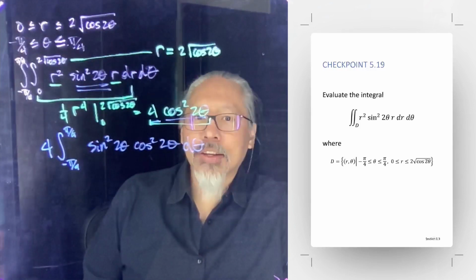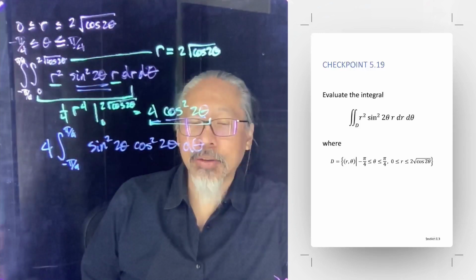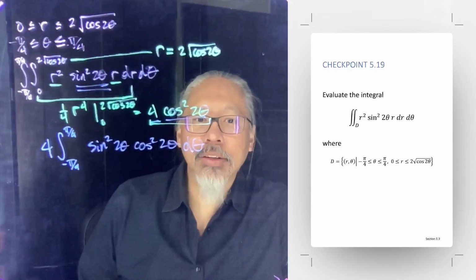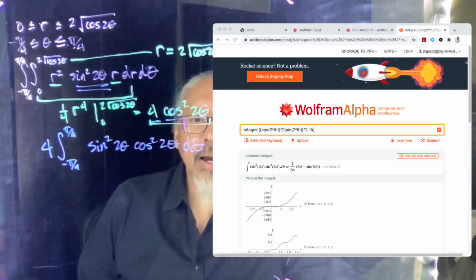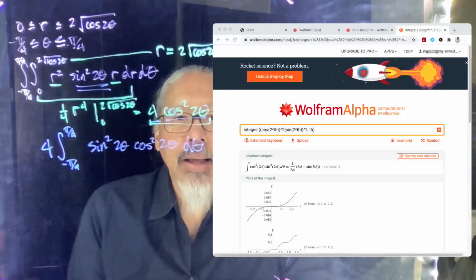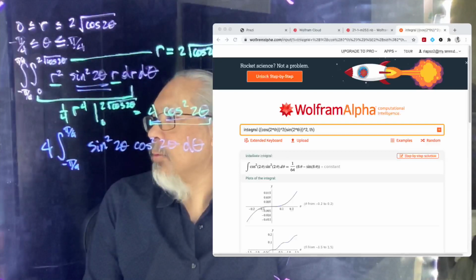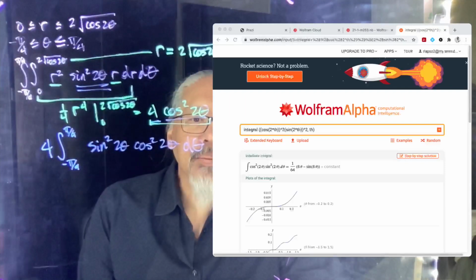But just to save time, let us take a look at the Wolfram version of doing this integral. I'm going to share the screen that has this. So this is what we have. It looks like the antiderivative here is equal to 1 over 64 times 8 theta minus sine 8 theta.